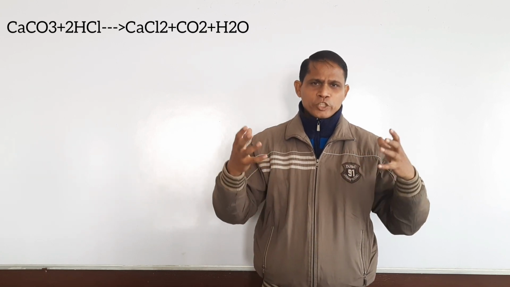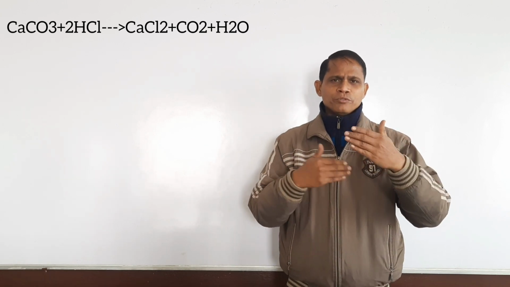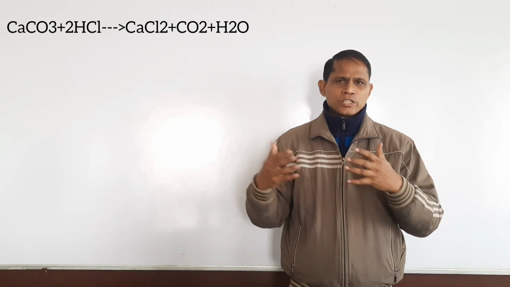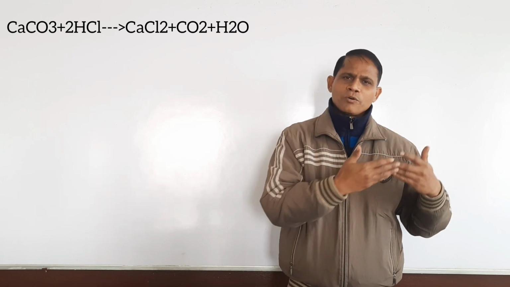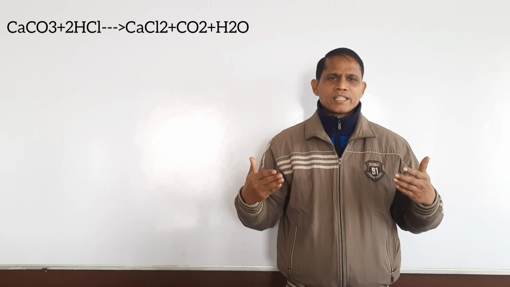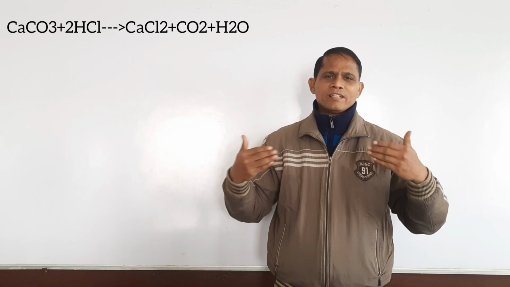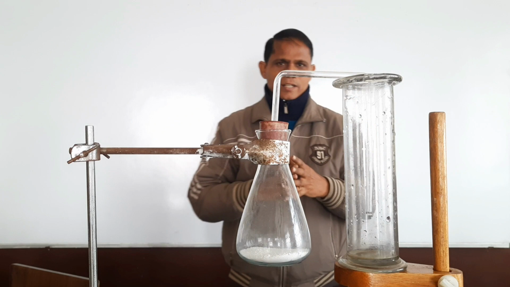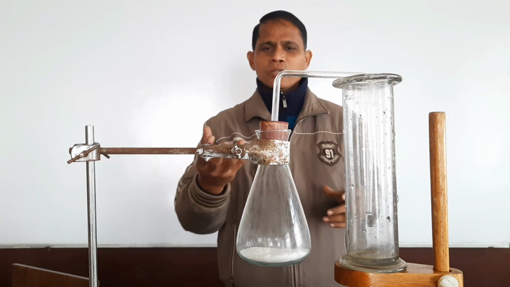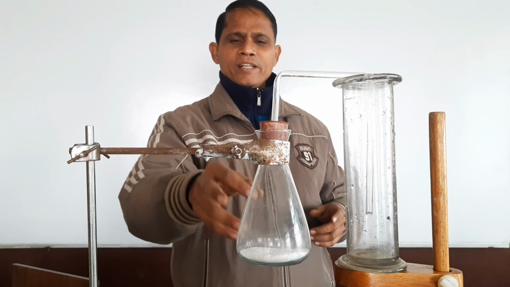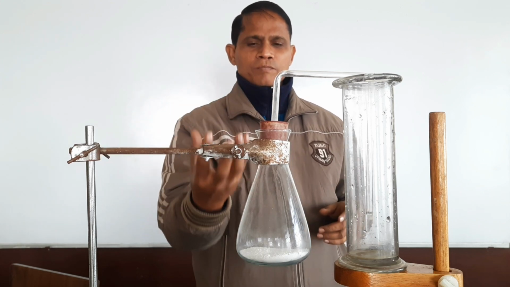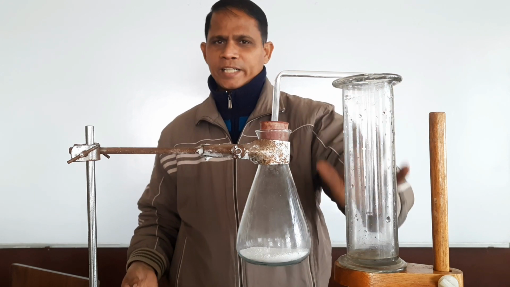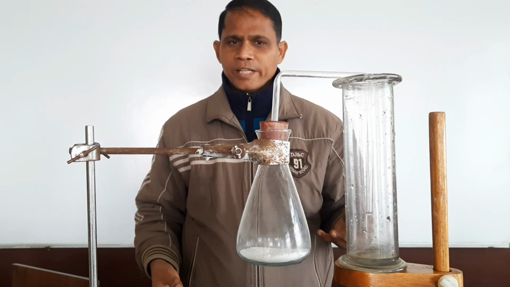Now, students, I will show you with the help of a small activity. I am not using the same apparatus, but I will be using the same contents, and I will show how you can make carbon dioxide and how you can check whether it is generated or not. Now, students, I have just made this setup. You have this conical flask over here, in which I have put calcium carbonate, and here I have the collecting jar where I will collect the carbon dioxide gas.